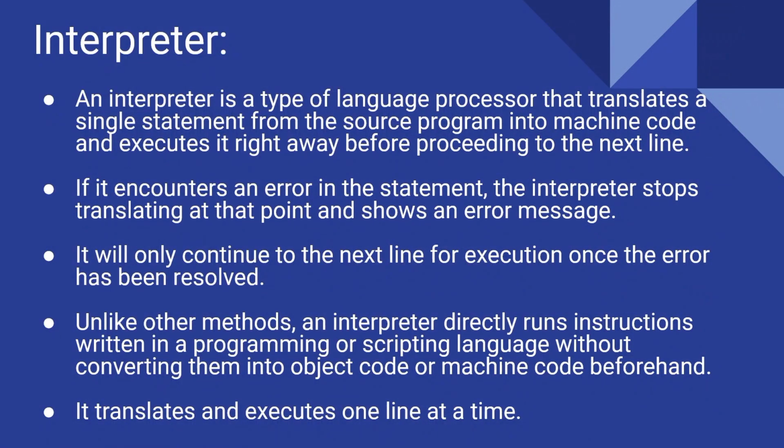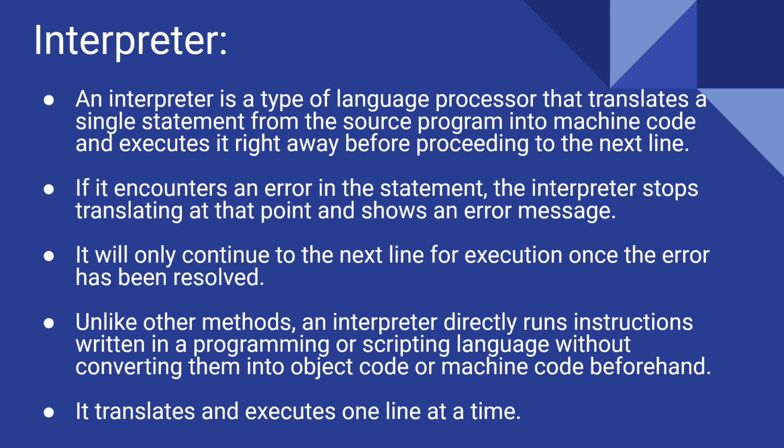An interpreter is a type of language processor that translates a single statement from the source program into machine code and executes it right away before proceeding to the next line. If it encounters an error in the statement, the interpreter stops translating at that point and throws an error message.